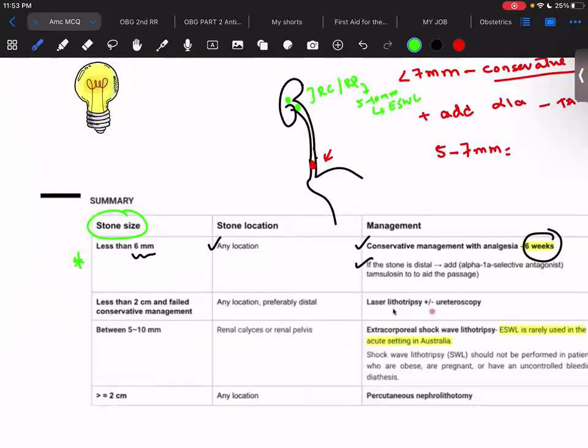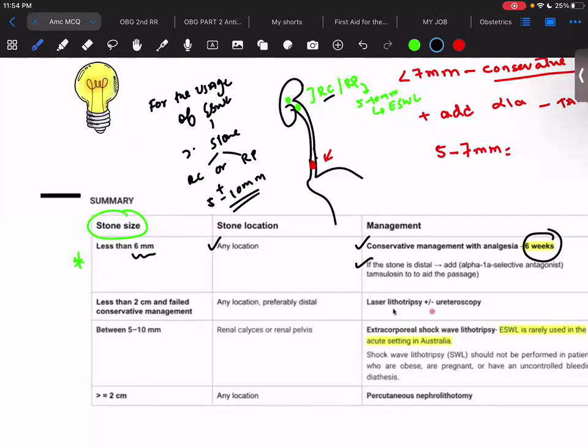For the usage of ESWL, 2 points should always be remembered. Number one is that the stone should be at one of the locations, either in the renal calyces or in the renal pelvis. Plus, the size should be 5 to 10 mm.